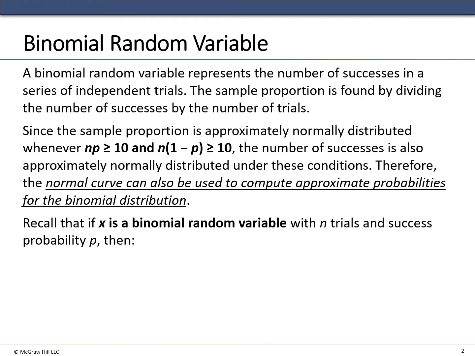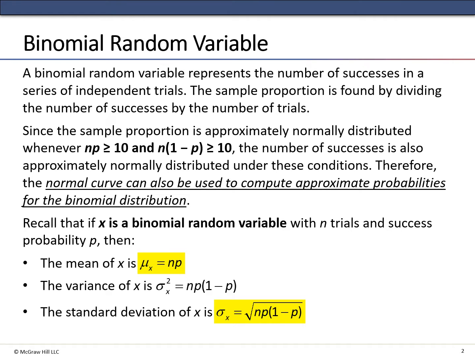Remember, if x is a binomial random variable with n number of trials and a success probability of p, then the mean of x, mu sub x, is equal to n times p.